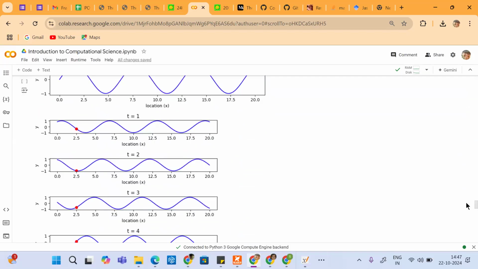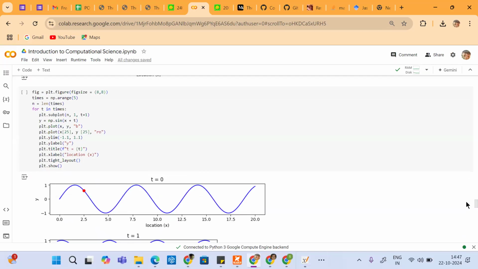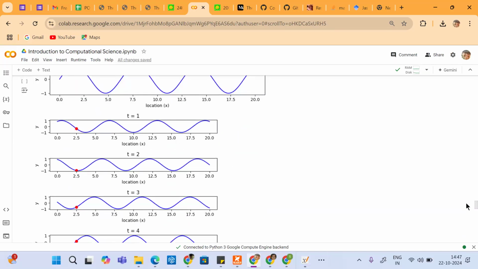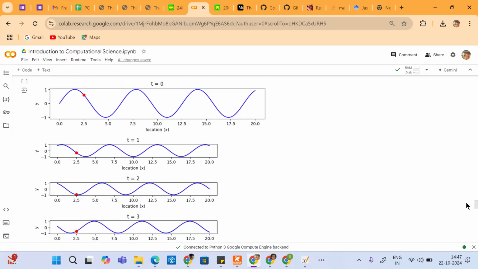For t equal to 0, you can see that this 2.5 is constant, isn't it? The red dot is present at x equals 2.5, but the y coordinate for that is changing.